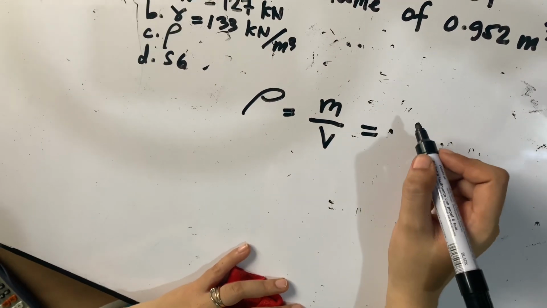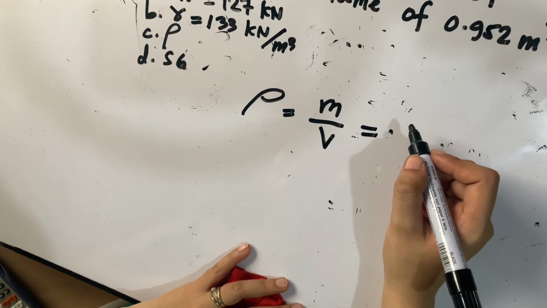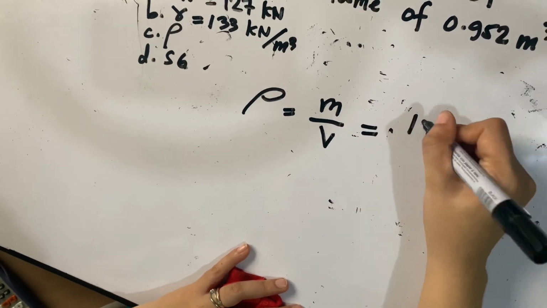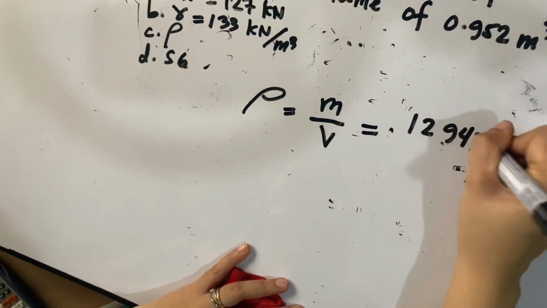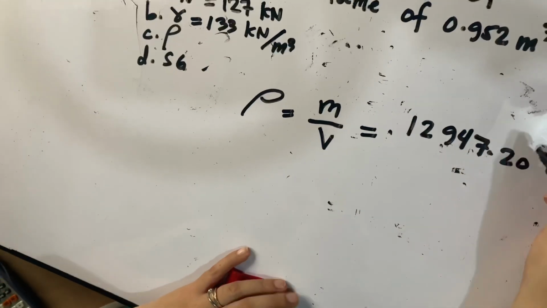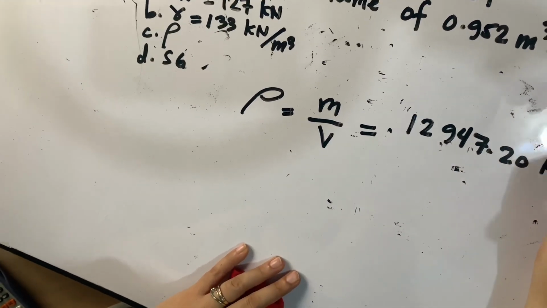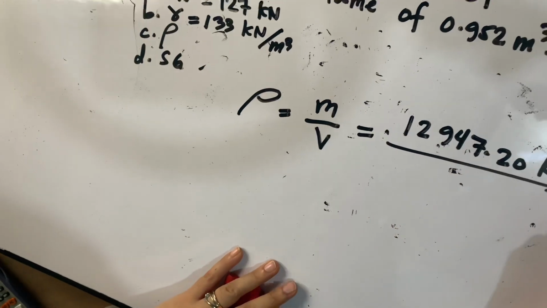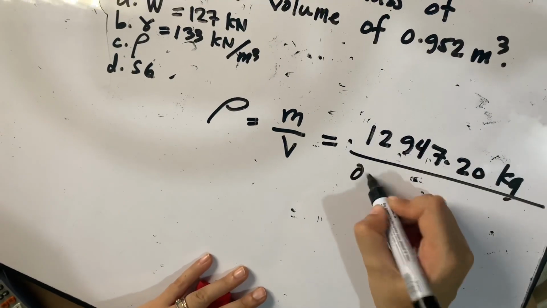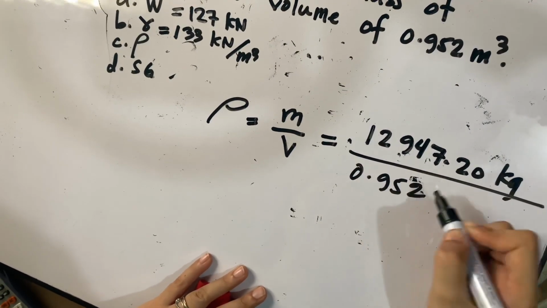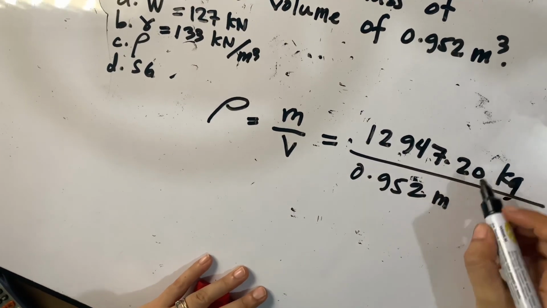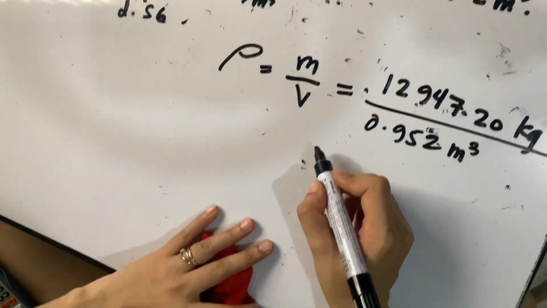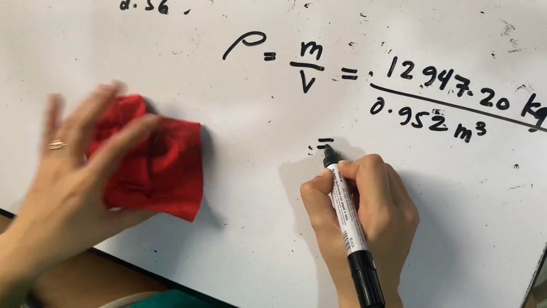So we have the mass, which is equal to 12,947.20 kilograms, over the volume, which is equal to 0.952 cubic meters.